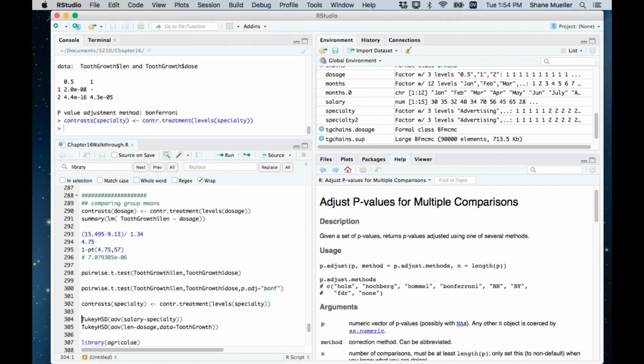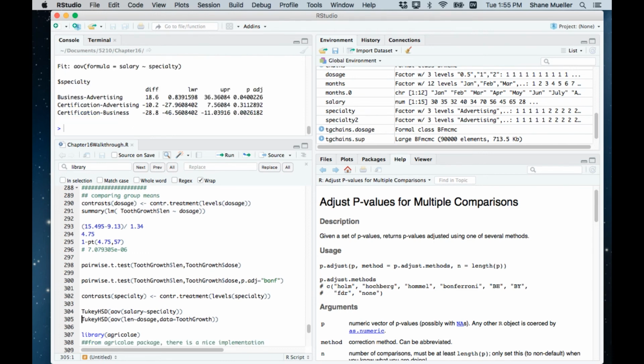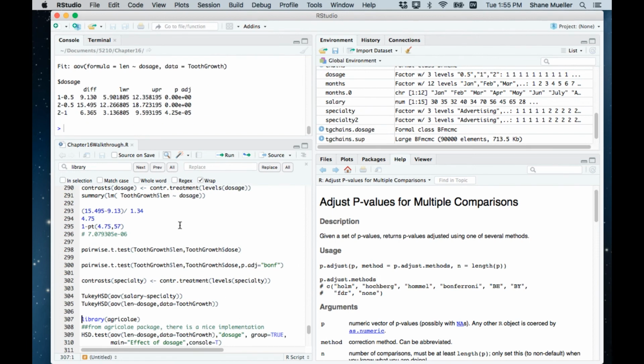And once you do the ANOVA, the standard way to do it is to do an ANOVA and then do a post-hoc test, which does these all afterward. And when you do a post-hoc test, that tries, like these Bonferroni corrections, to correct for not having these hypotheses up front. So the Tukey HSD is maybe the most common one, and I can do Tukey HSD on the models, and it will show me these results.